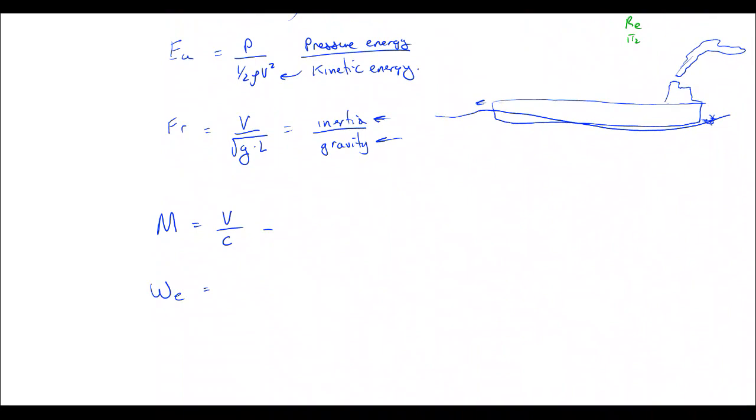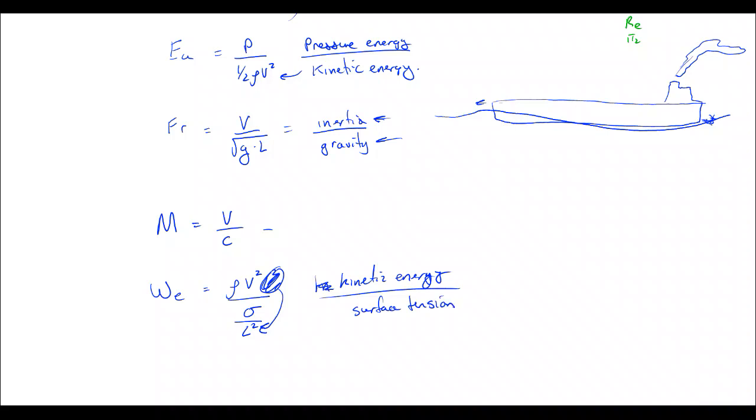The Weber number is rho v squared L squared over sigma. And if we take this L squared and move it down here, this becomes kinetic energy over surface tension energy, or potential, really.